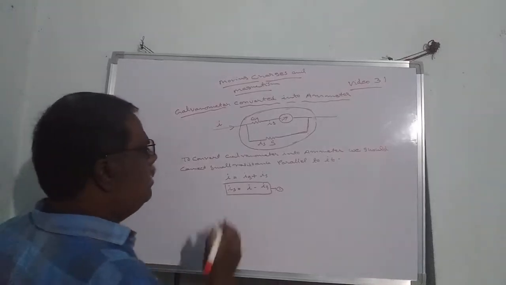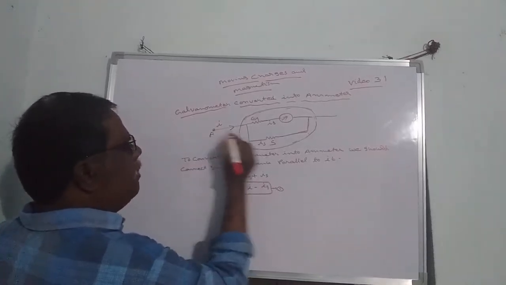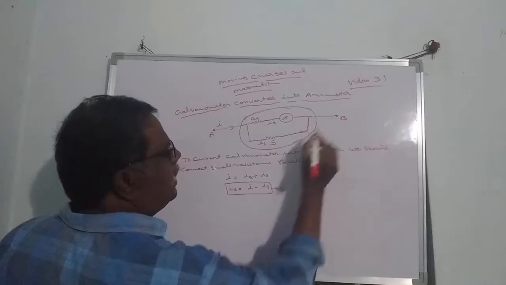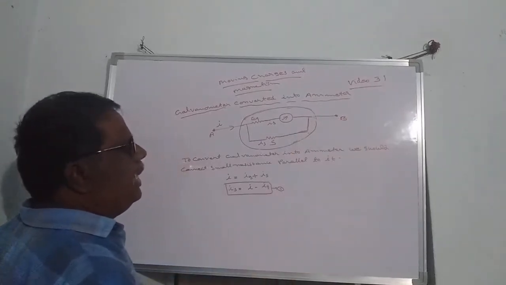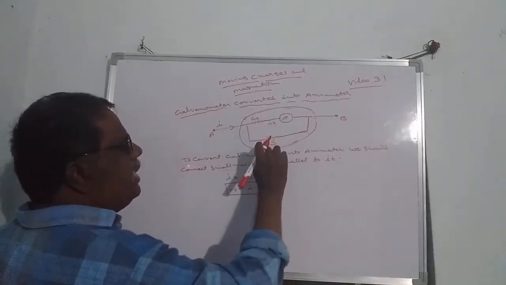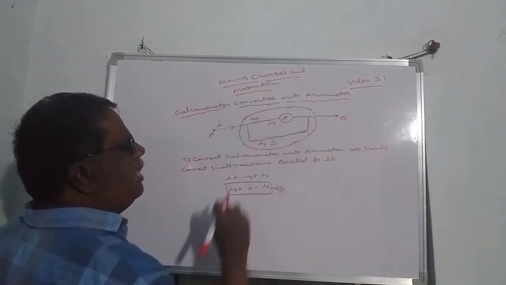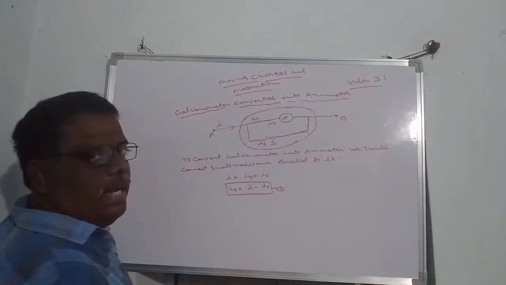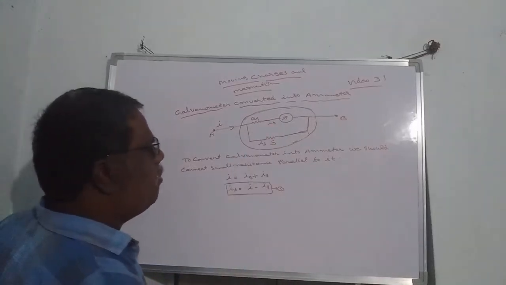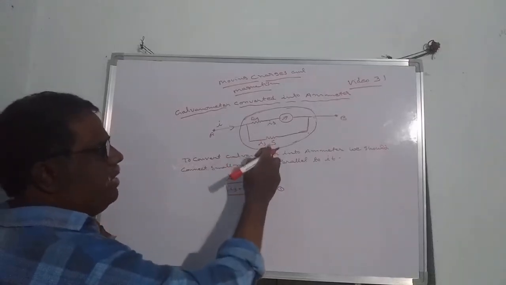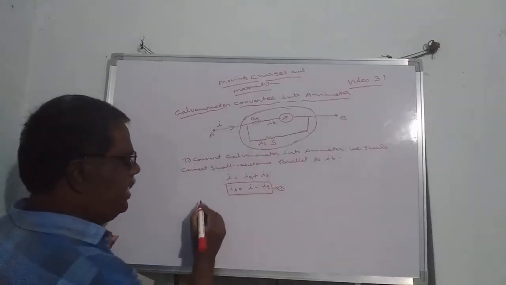Then between the 2 points A and B, the total resistance will be R. These are connected in parallel, so Is and Ig. Potential drop across the galvanometer is equal to potential drop across the shunt.